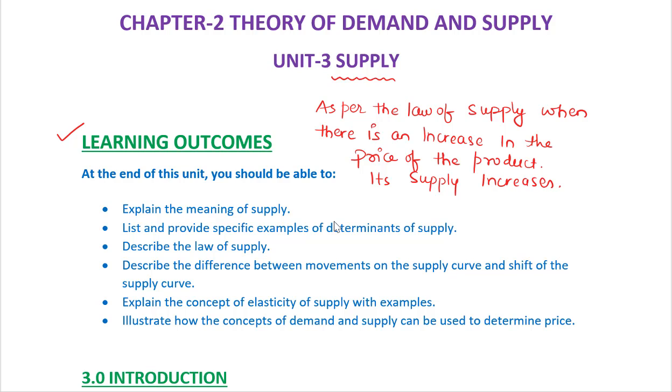Let's see the learning outcomes now. We'll try to explain the meaning of supply. List and provide specific examples and determinants of supply. My dear students, determinants of supply is also known as factors affecting supply.